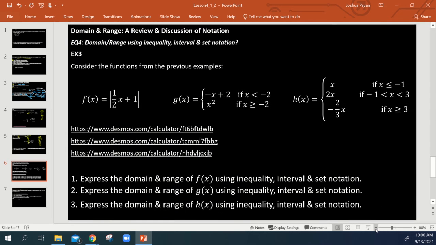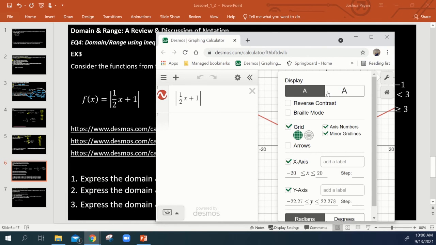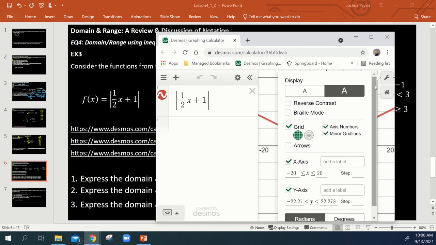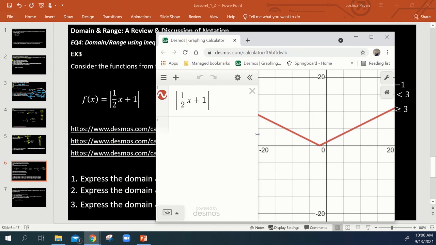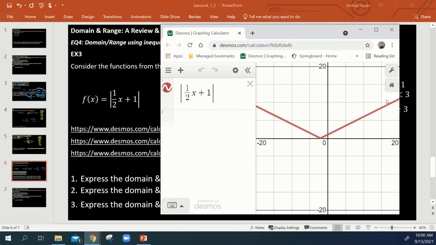Okay, so let me zoom out because this is really tiny for some reason. So these are functions from the previous example. Really quick, let's talk about their domain and range. Domain is basically the possibility of all the x values. We're looking at f of x right now, this red graph here.